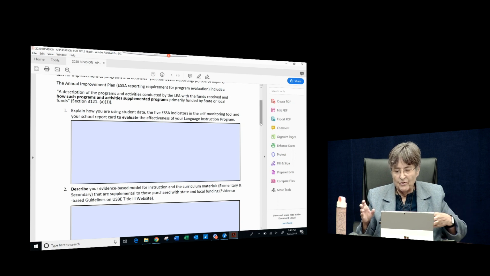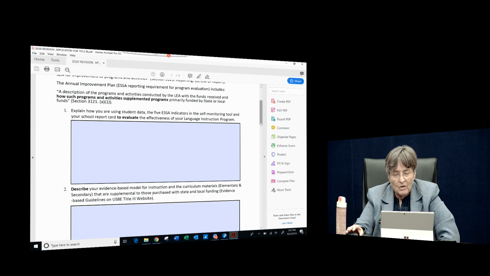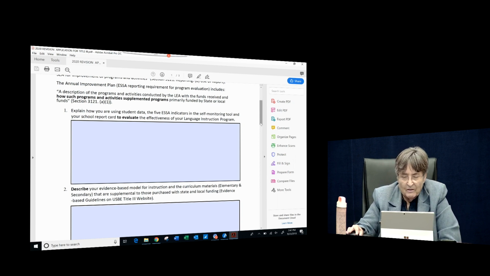And also the student groups, really understanding in every subject area which of your student groups are struggling. And typically it's English learners, students with disabilities, and based on ethnicity, oftentimes it's Hispanic, sometimes African American. And of course, economically disadvantaged is another group.